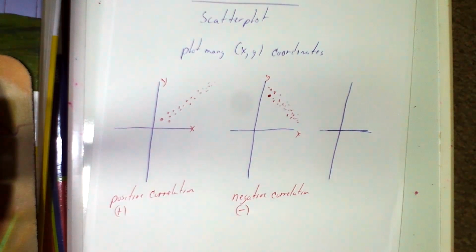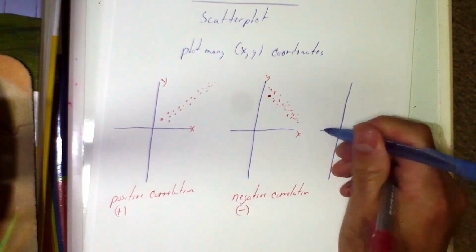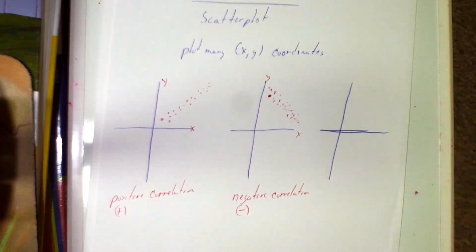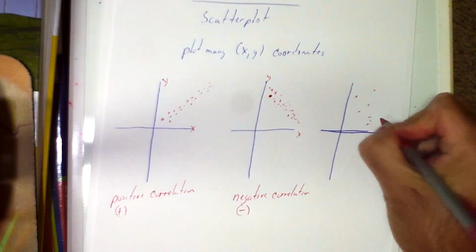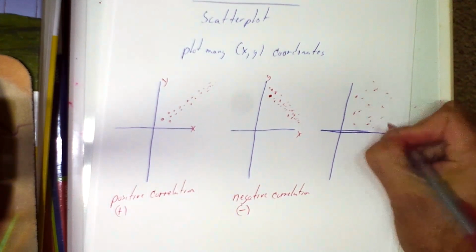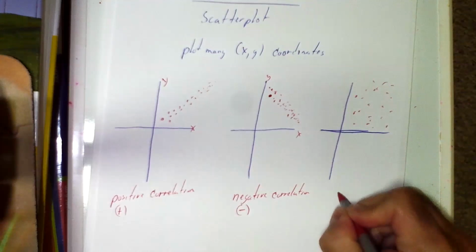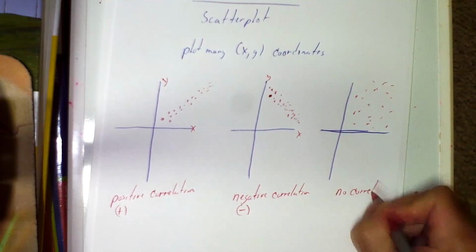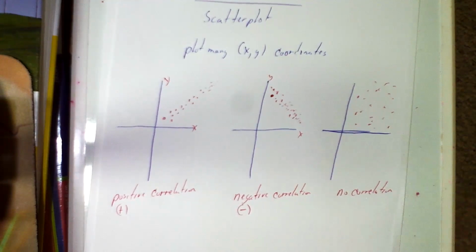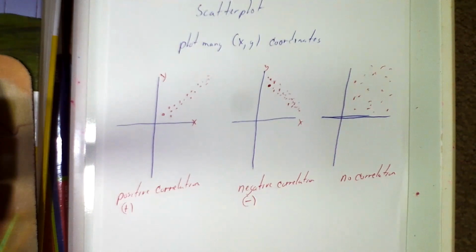But if all your data are scattered all over the place, there is no pattern, it's just all scattered all across, then we say that there is no correlation. There is no relationship occurring within the data points.